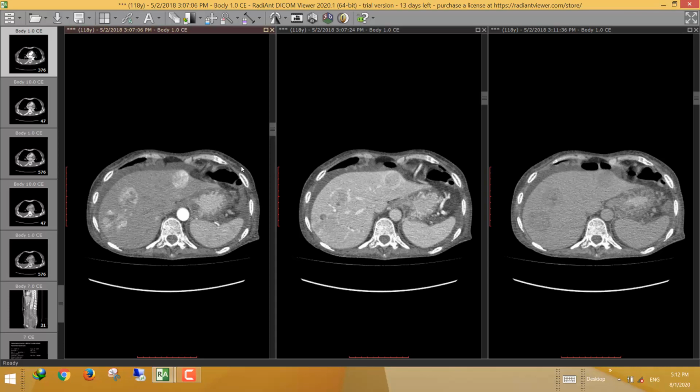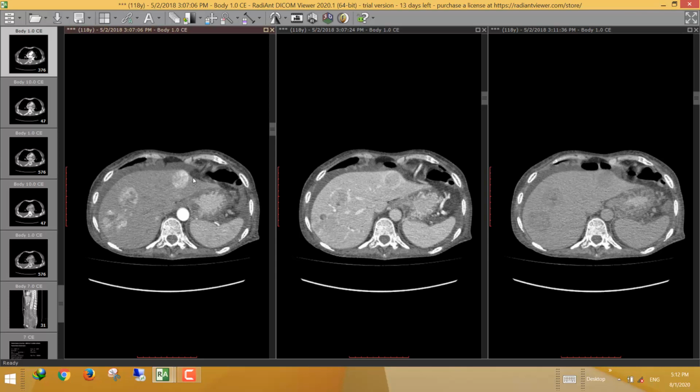In the portal and the delayed images here, we can see that the lesions become hypo-intense to the liver parenchyma in the portal phase, and in the delayed phase it is hypo-intense to the liver parenchyma. So these lesions show washout. So these lesions can't be adenoma or FNH, as they do not exhibit washout in portal or delayed phases.